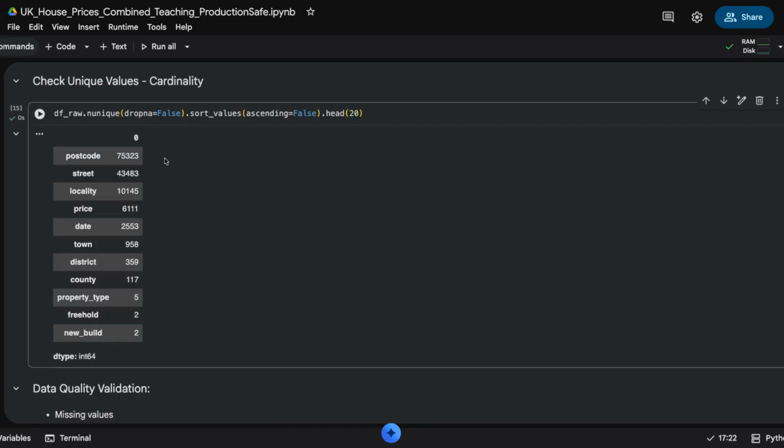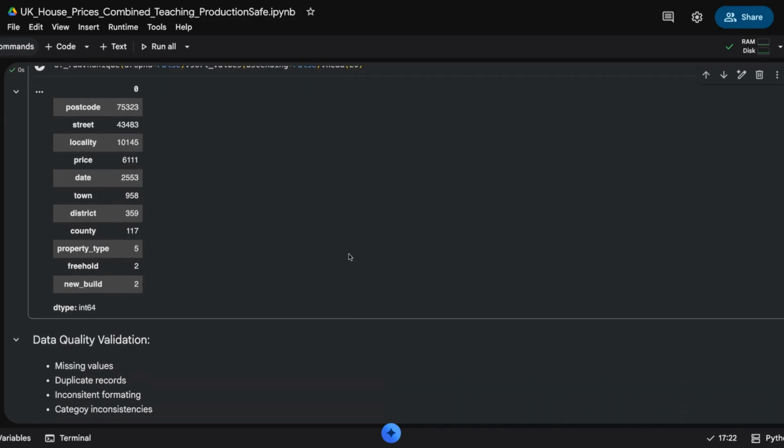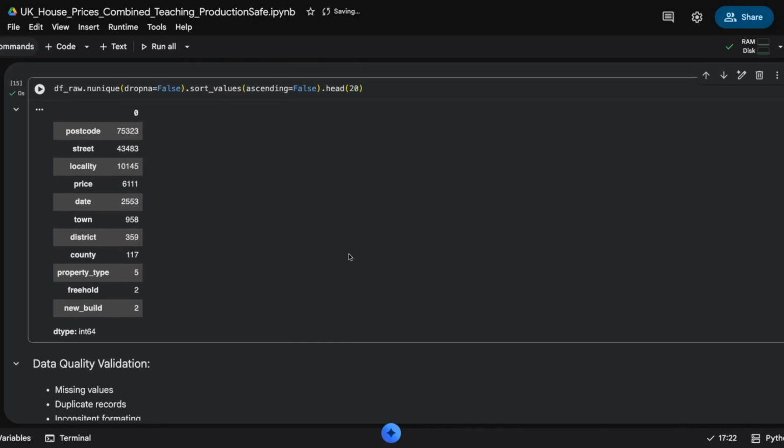Now let's examine how many unique values each column contains. This is called cardinality. Cardinality matters because low cardinality variables are easy to encode. High cardinality variables can explode into thousands of features if handled improperly. This will strongly influence our feature engineering strategy later.